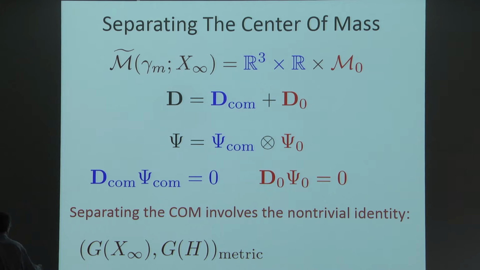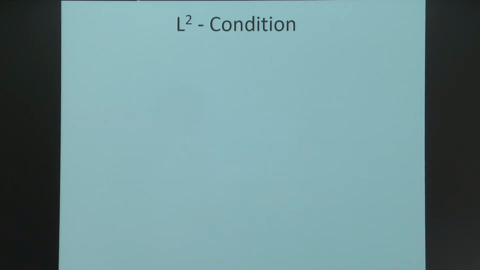If you take these Killing vector fields, and you take one of them to be along the direction of the Higgs vev, remember that generates this real line here, and you compute that inner product in the hyperkähler metric, well, you can just calculate that by using the Killing metric, infinitely easier, of the magnetic charge with H. When I first saw this formula, I thought this cannot possibly be right, because x infinity is a general direction in the Cartan, and gamma m is a quantized magnetic charge on the lattice, but it seems to be right. Okay, now why do we have to separate out the center of mass?